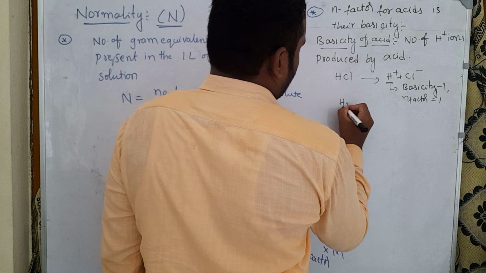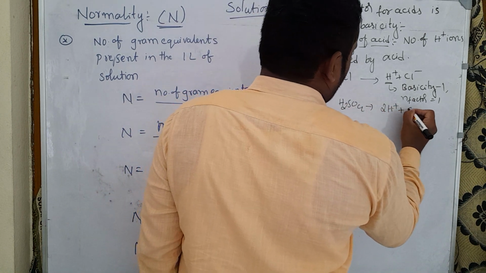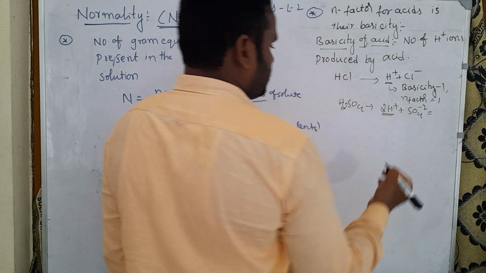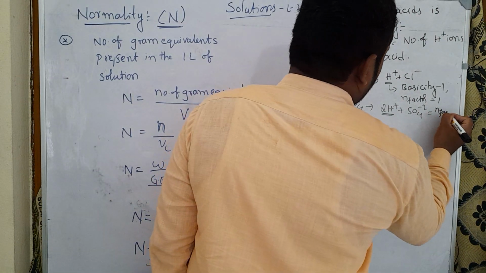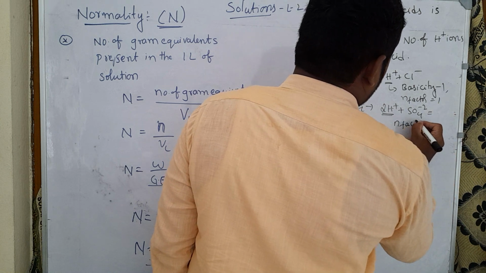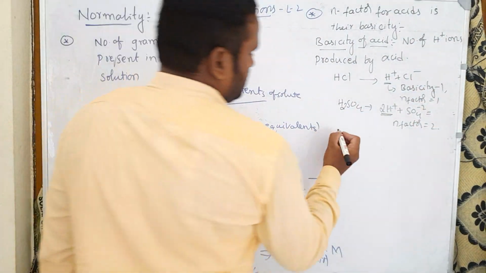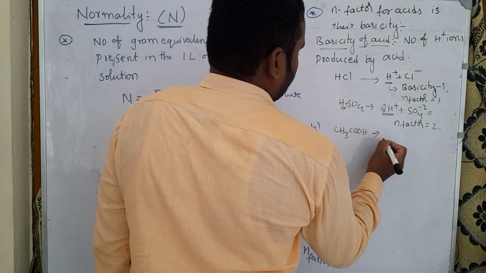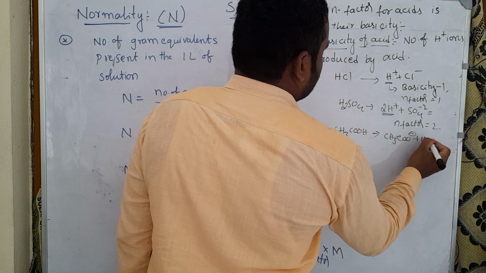Next, H2SO4 produces 2 H plus ions and SO4 minus 2. So its basicity is 2, and its n factor, I am directly writing n factor, is 2. Why? Because its basicity is 2. Next, acetic acid, CH3COOH, produces CH3COO minus plus H plus ions.